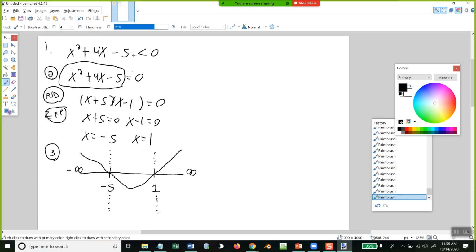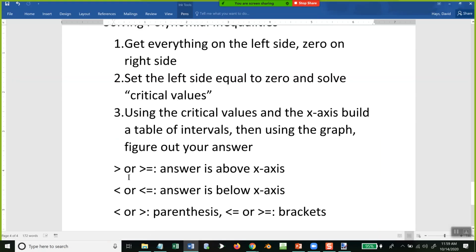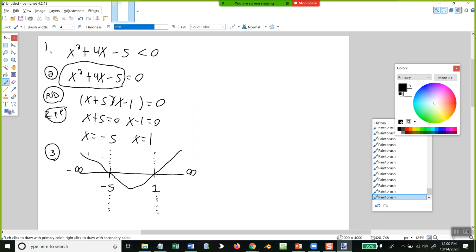Now our problem says less than. Less than says our answer is below the x-axis. What I mean by that is we're looking for where our graph is below the x-axis. Well, here's the x-axis right here. Where it's below is right here. So this is going to be our answer. So we're going to have negative 5 to 1.